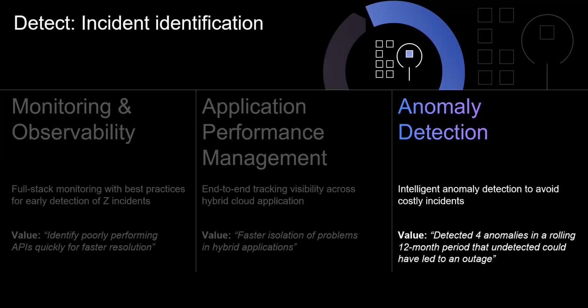So if you think of the evolution of how we've looked at our environments, full stack monitoring has been around for decades. It's not going away. It's still very heavily needed today, and this is where we started out in terms of trying to understand when we might be experiencing problems.